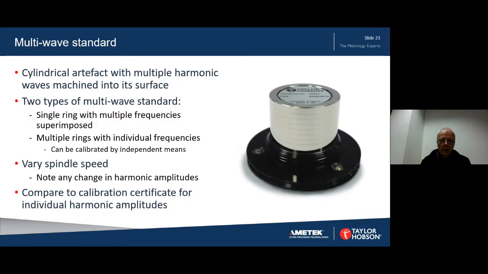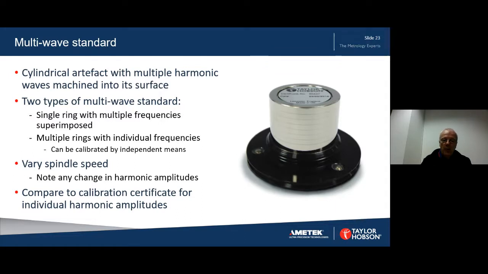The combined impact of many of these issues mentioned previously can be assessed by measuring a multi-wave standard. The standard itself is a cylindrical artifact with multiple harmonic waves machined into it, typically by diamond turning with an appropriate tool servo.